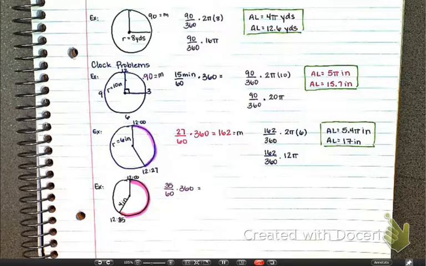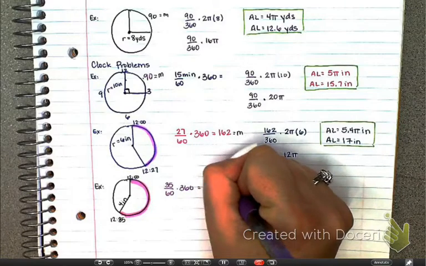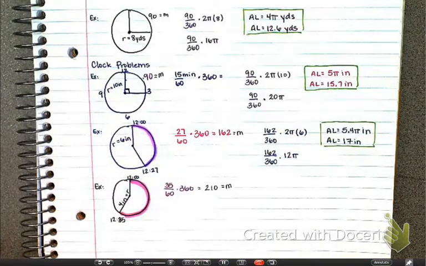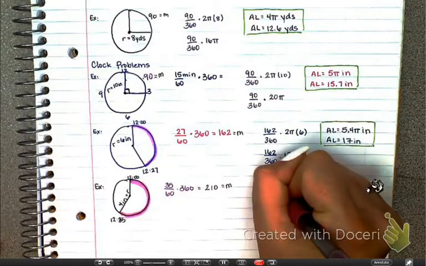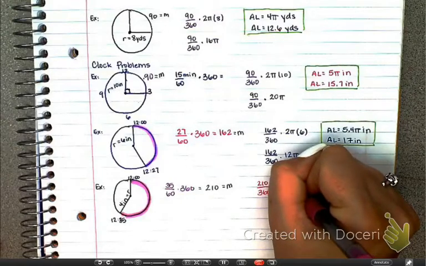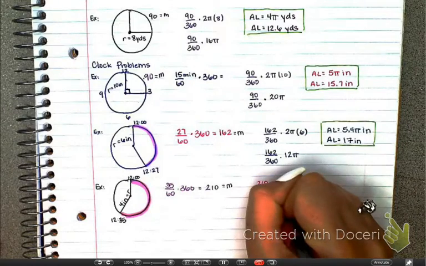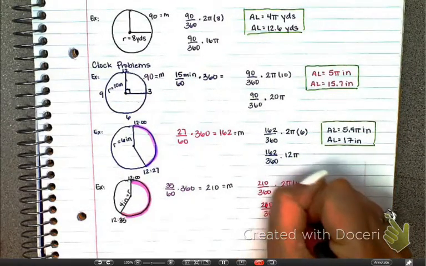There we go. Okay, so 210 is my m, and my radius is 4. 210 over 360 times 2 times pi times 4 is 210 over 360 times 8 pi.